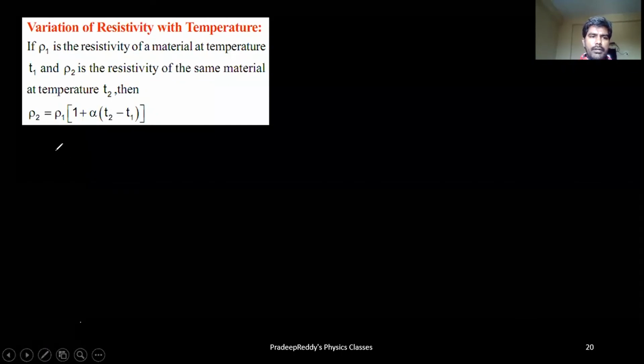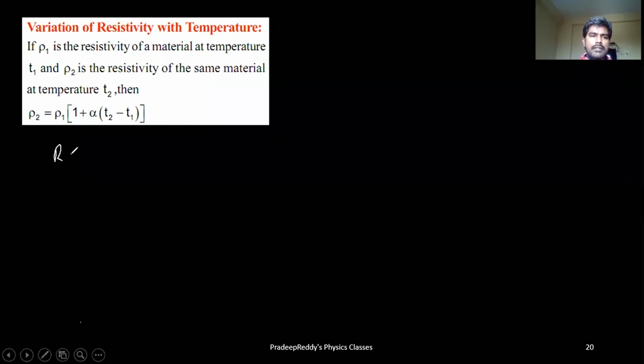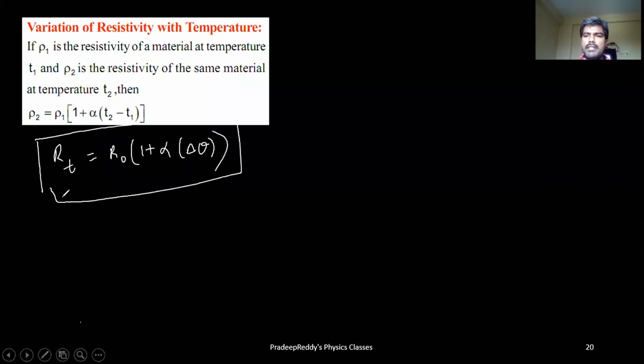Students, as we already know, R at any temperature T is equal to R naught into 1 plus alpha into delta theta. Resistance of the given conductor is variable with respect to temperature. Likewise, resistivity also changes with temperature, because resistivity is dependent upon resistance of the conductor, right?